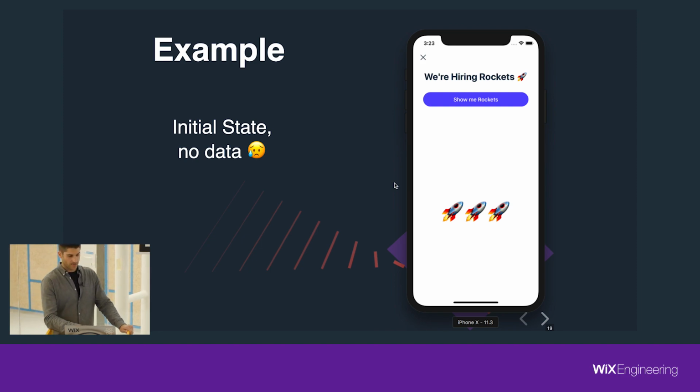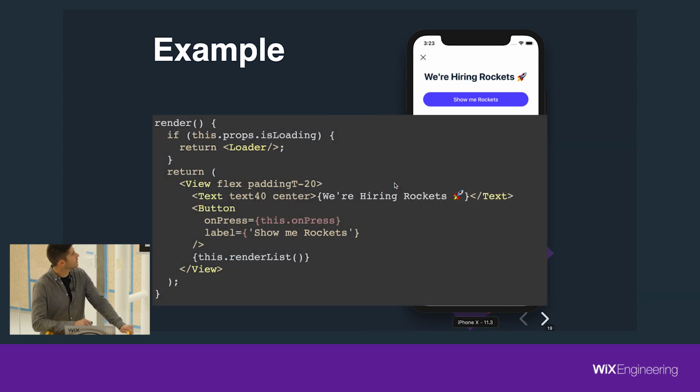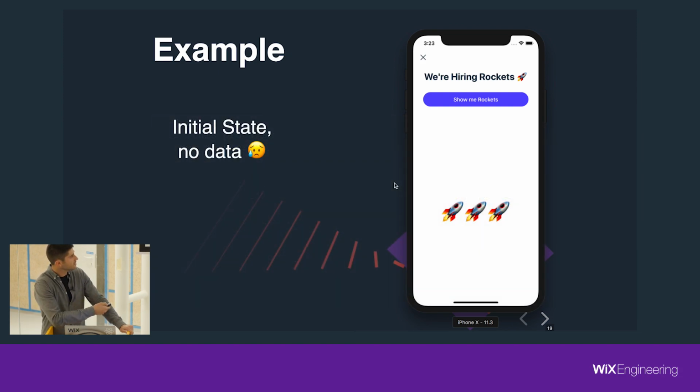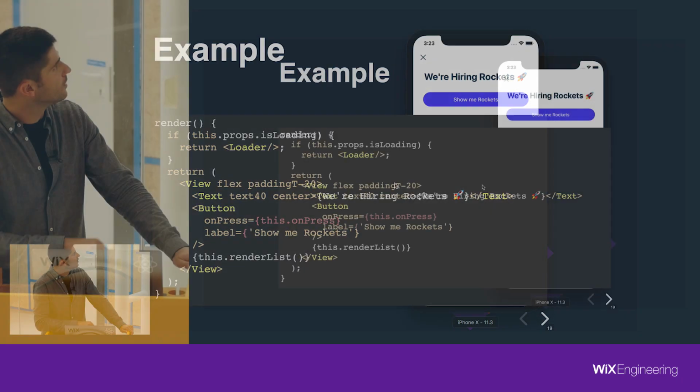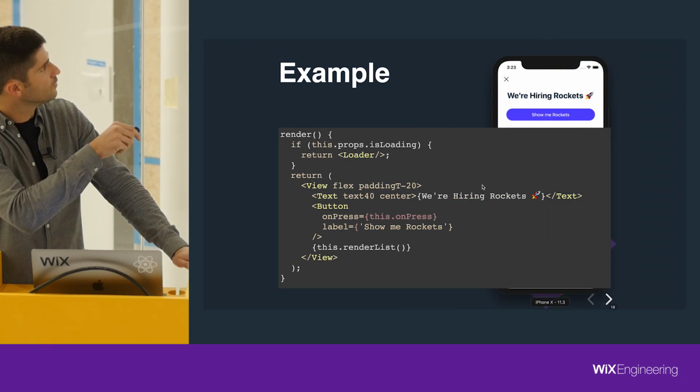This is how the render looks, very straightforward. No logical if. If isLoading is true, I render the loader. Here this is not the case, so I immediately render the list, which has an empty state.